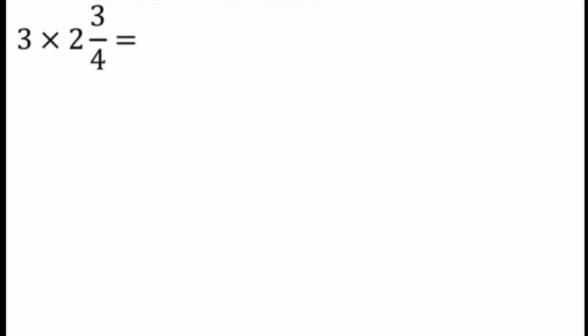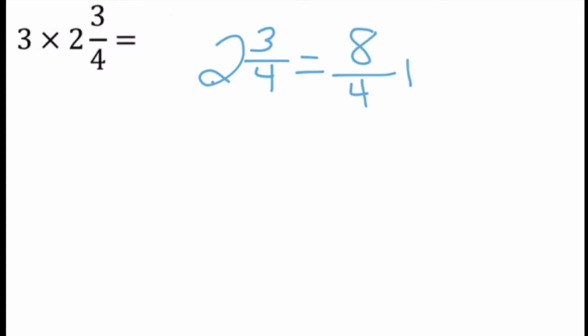Another way we learned yesterday was to change the mixed number into an improper fraction. So I can take 2 and 3/4 and change it to an improper fraction by knowing that 2 is the same as 8/4 plus 3/4 is 11/4.